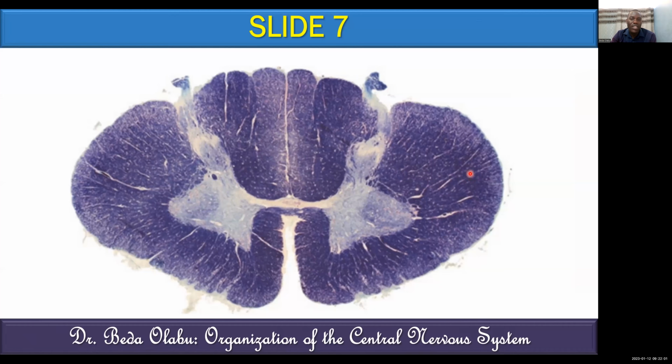Now I'm showing this slide of cervical cord. What do we note? A lot of white matter present. Also, we note that the posterior column is partitioned into fasciculus gracilis and fasciculus cuneatus. We also note that the transverse diameter of the anterior horn is quite prominent compared to that one.